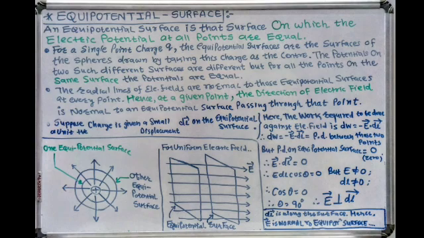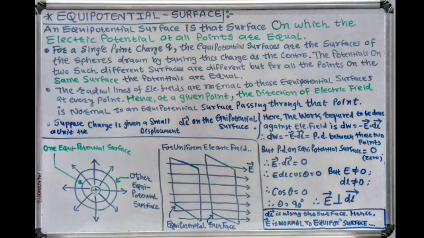The radial lines of the electric field are normal to those equipotential surfaces at every point. Hence, at a given point, the direction of the electric field is normal to the equipotential surface passing through that point. Suppose a charge is given a small displacement.